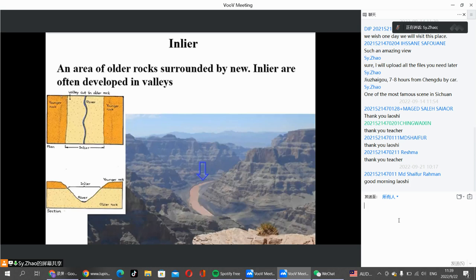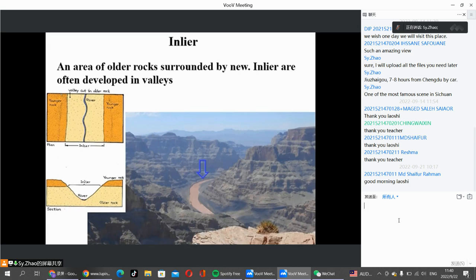And the inlier is an outcrop of old rocks surrounded by outcrops of younger rocks, and its presence on a map indicates either an eroded anticline or a valley.